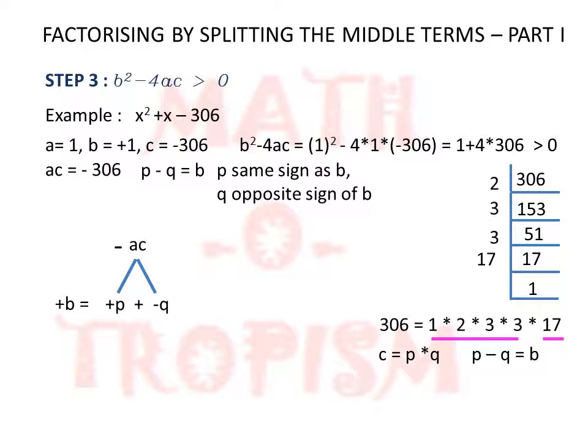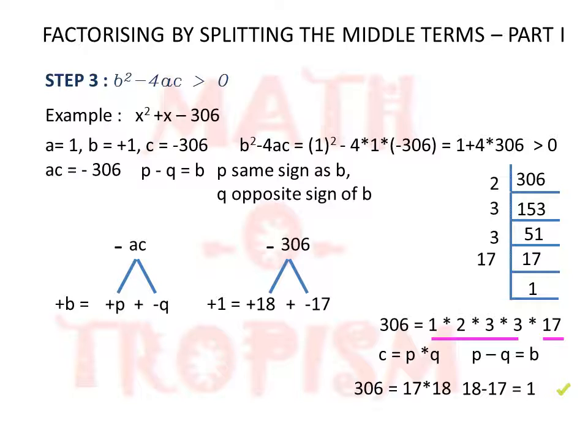So 17 into 18 is going to give me 306. The bigger number is 18, so 18 is P and 17 is Q. So 18 minus 17 will give me 1, which is the required middle term B. So I am splitting minus 306 into plus 18 because B is positive, so P is positive, and Q has the opposite sign, so minus 17. So P is plus 18 and Q is minus 17.